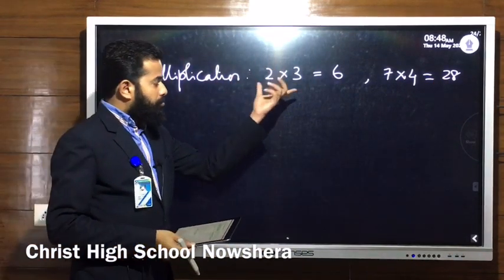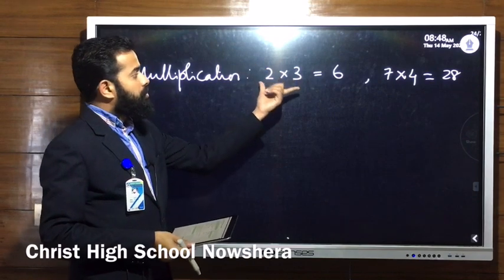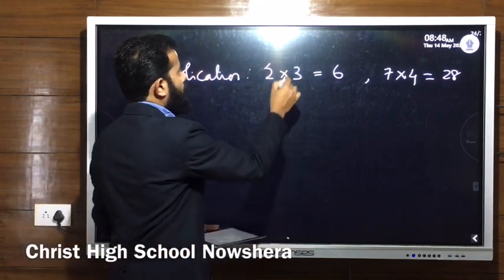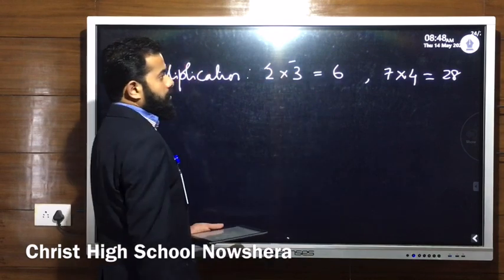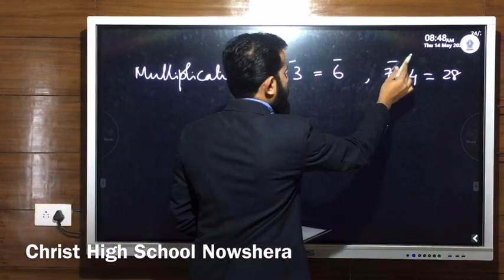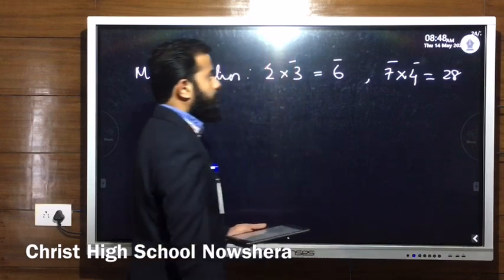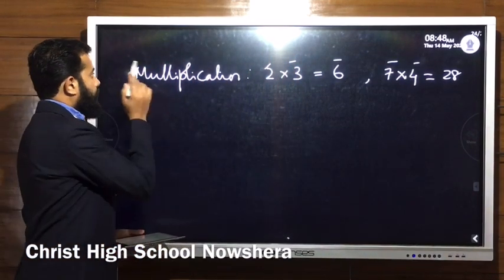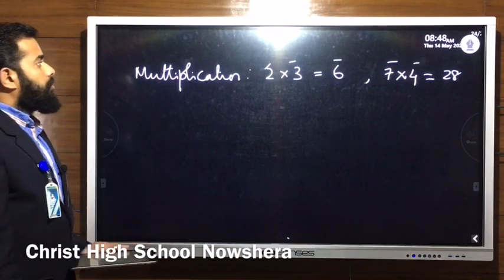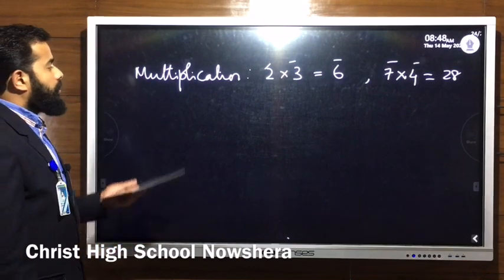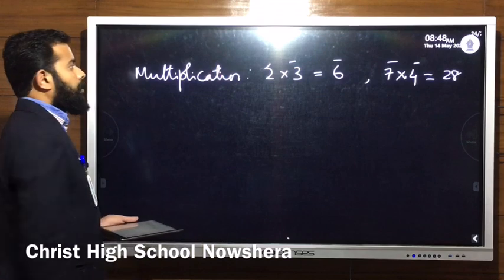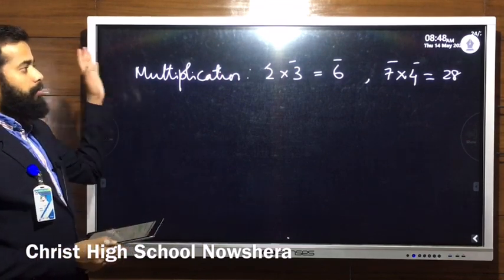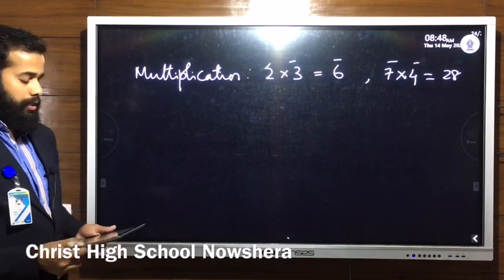Whatever whole numbers we choose in multiplication, the result also will be a whole number. 2 is a whole number, 3 is a whole number, 6 also is a whole number. Here 7, 4, 28 all are whole numbers. So we say that the whole numbers are closed under multiplication, or the whole numbers are following the closure property in multiplication.